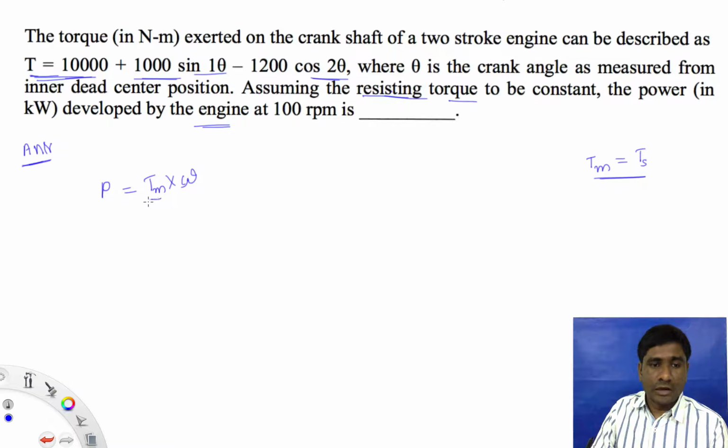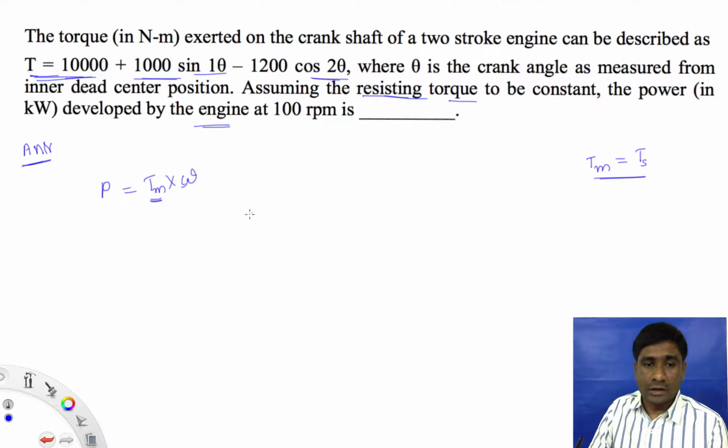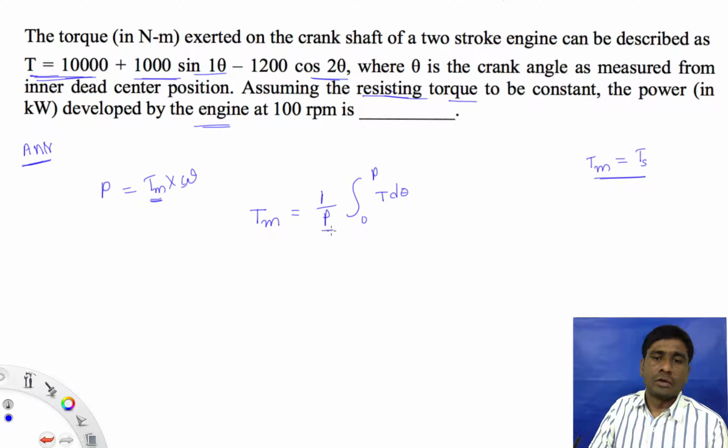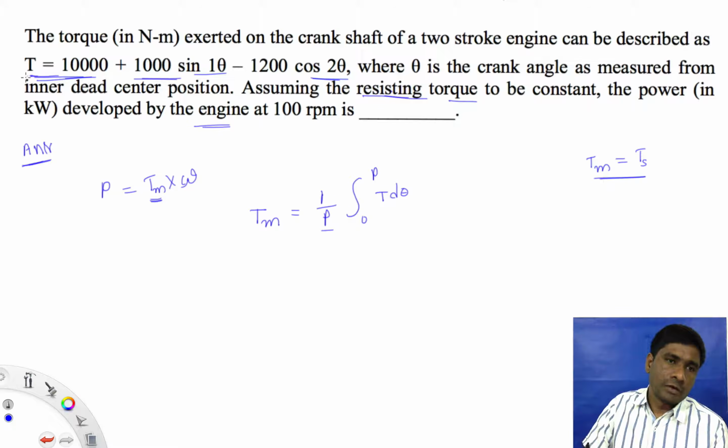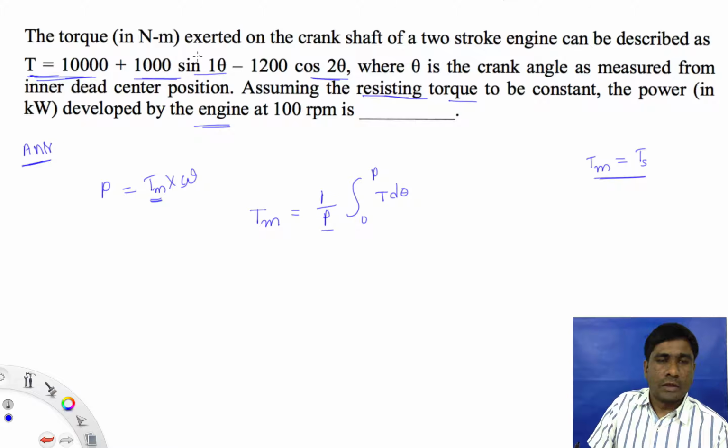So we need to calculate T mean here, but we don't know it. We know how to calculate it: T mean equals 1 by period into the integral from 0 to period of T d theta. So we need to calculate the period first. For the given torque, we have sine theta and cos 2 theta.